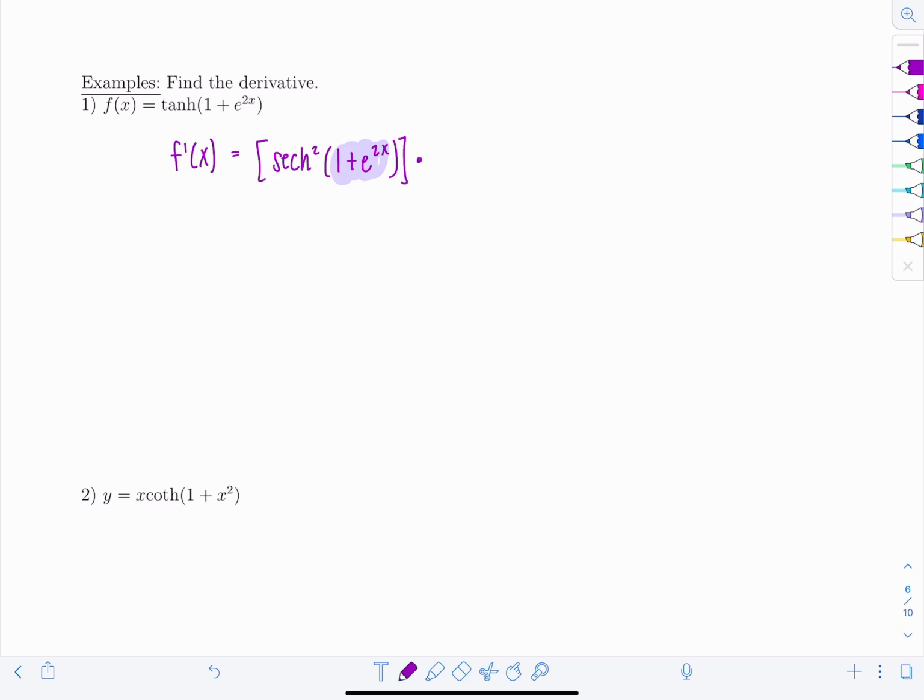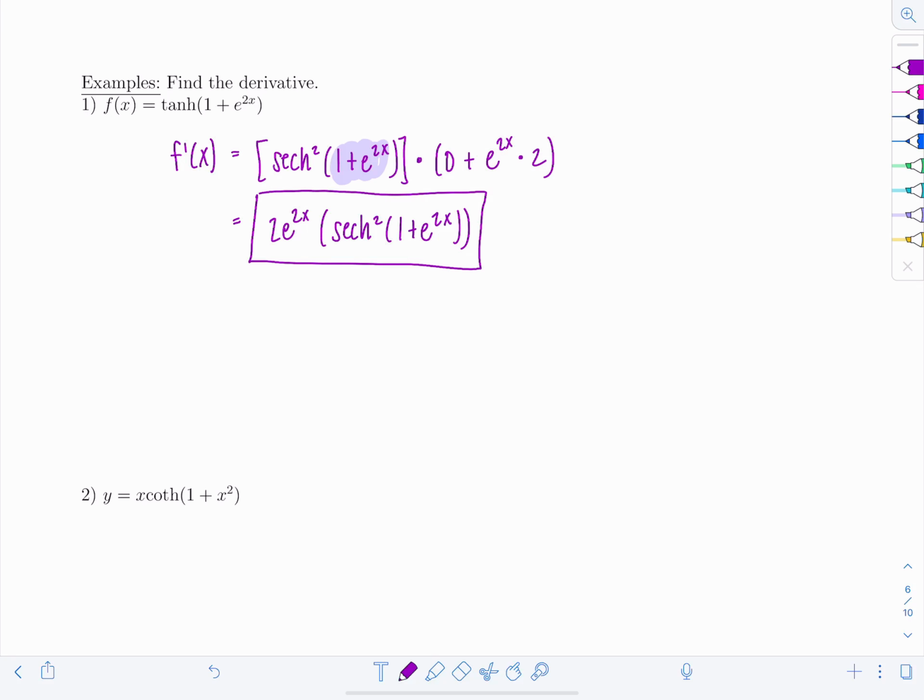Well, the derivative of 1 is just 0. Derivative of e to the 2x is going to be e to the 2x times 2. So if I put this all together, I have 2e to the 2x times sech squared of 1 plus e to the 2x. Okay, that's it, not too bad.